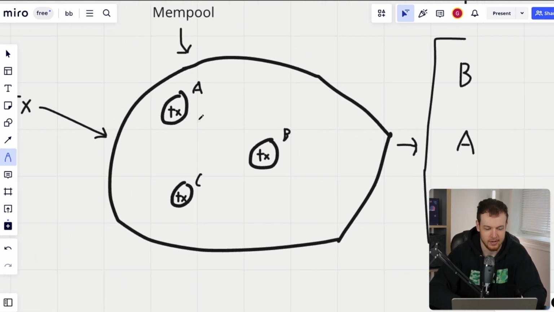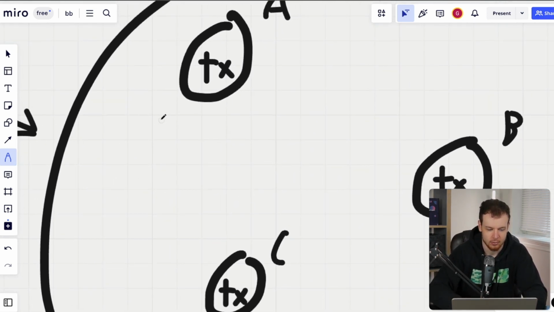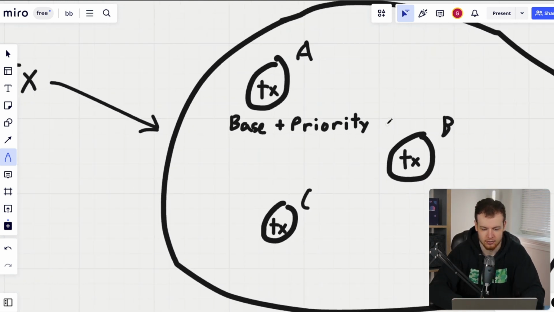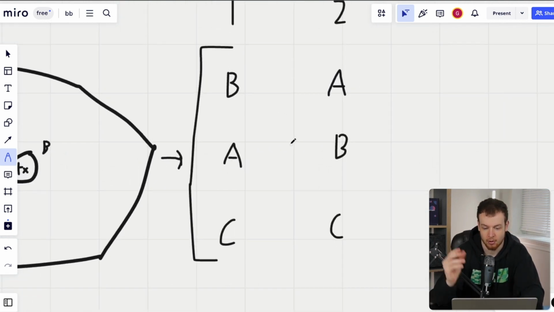For each transaction, we're going to have a base fee, and then a priority fee on top of that. The priority fee is what's going to go to the validator, and it can be adjusted to get our transaction recorded higher in the block.